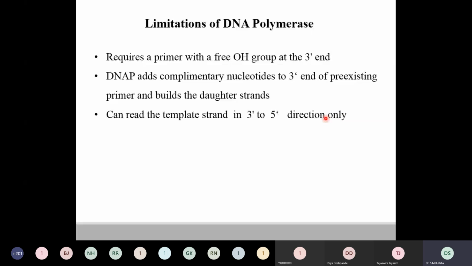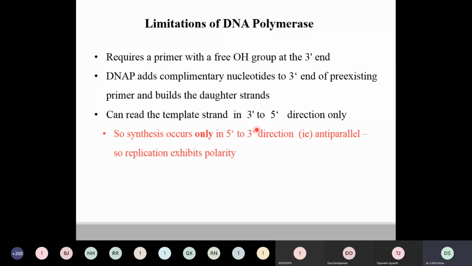If it has to synthesize in the 5' to 3' direction, naturally it has to read the template in the 3' to 5' direction. You will understand this when I'm telling about the synthesis. This is the most important point: synthesis occurs only in the 5' to 3' direction due to limitation of polymerase activity. So these are the minuses, limitations.